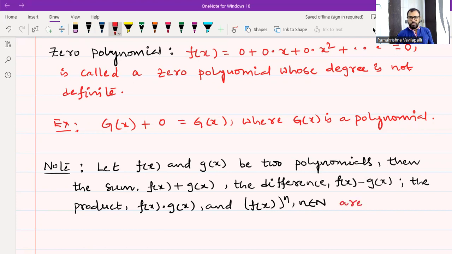So the sum of two polynomials is a polynomial. The difference of two polynomials is a polynomial. The product of two polynomials is a polynomial. And the integer power of a polynomial is also a polynomial.